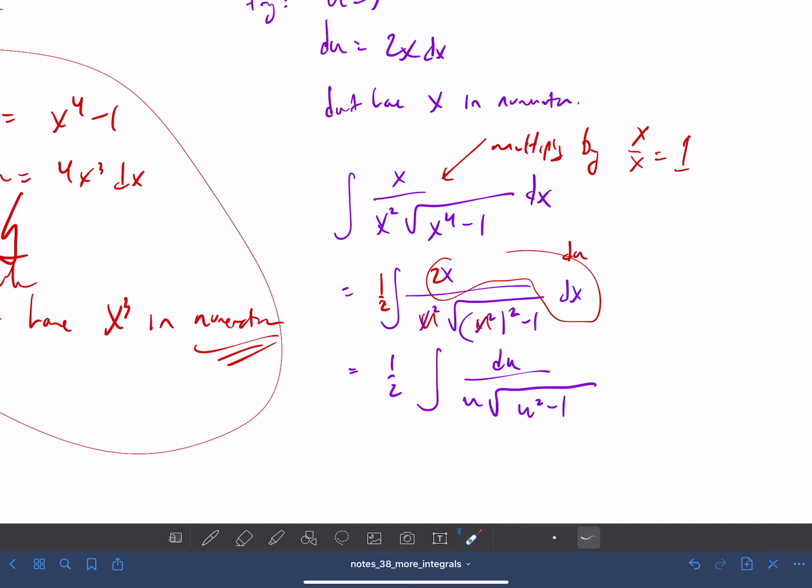No, it's going to be in the section forms involving the square root of u squared minus a squared.